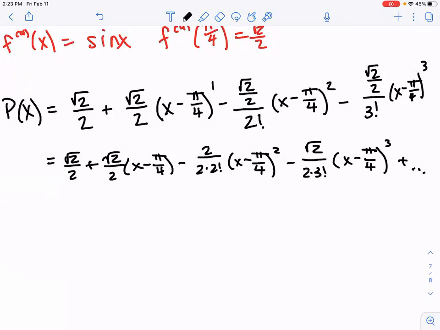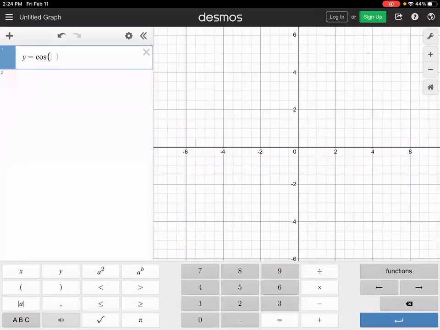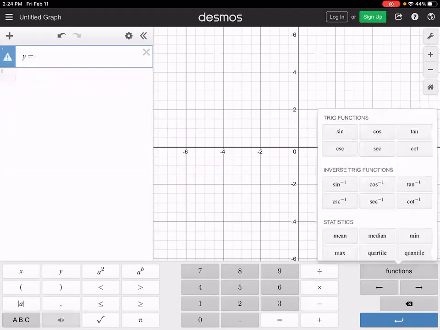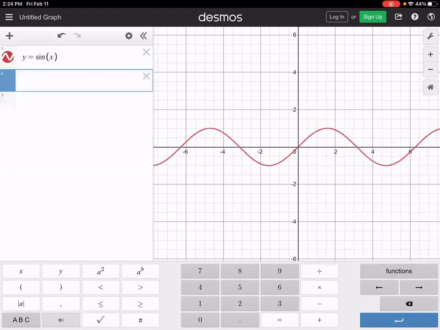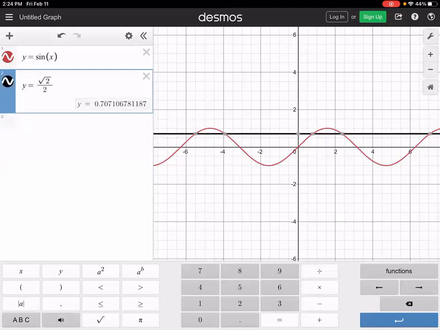Now, since this is centered at pi over 4, if we were to go into Desmos and do that graphing, we're going to be looking at pi over 4 and it's going to approximate it better. Okay, so we give it a whirl. So we have y equals radical 2 over 2.